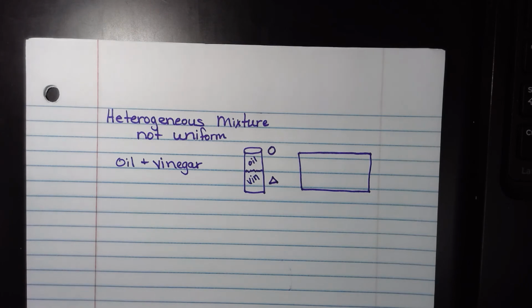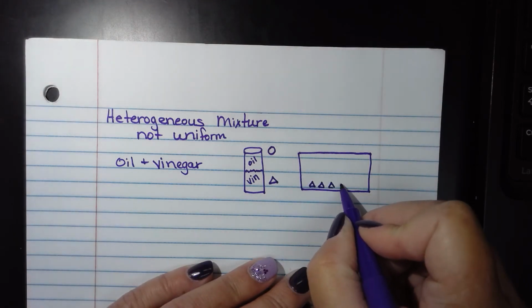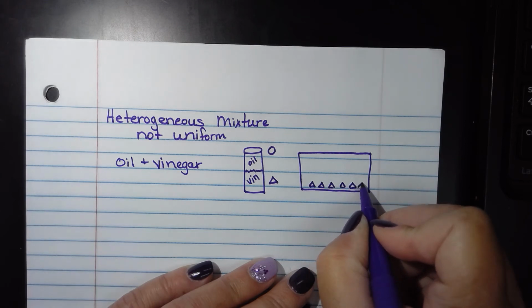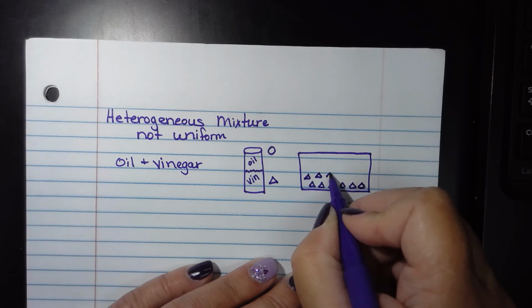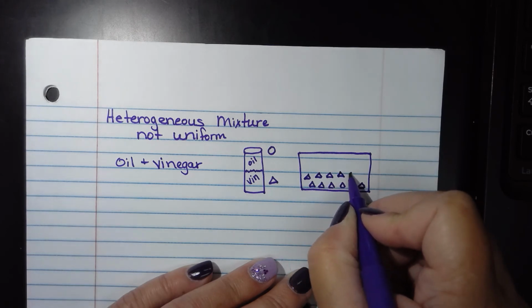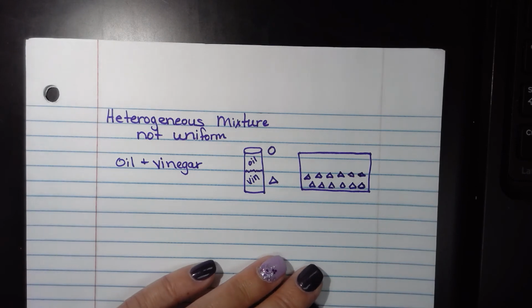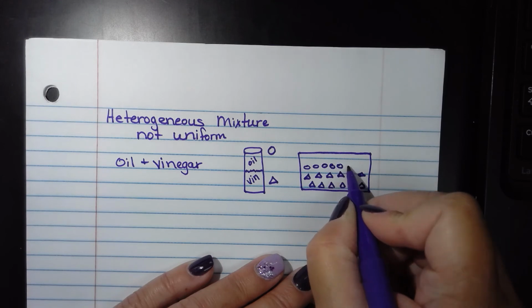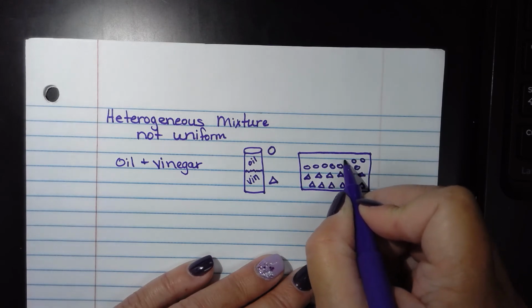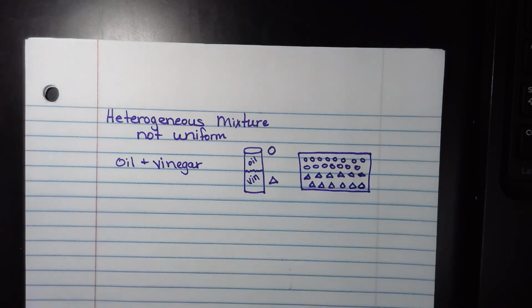We said the vinegar sinks to the bottom, so we would have a layer. Again, don't think about these as elements like we did earlier, but just as parts of a mixture. The vinegar would be on the bottom, and then the oil would settle on top. If we drew a particle picture, this is what it would look like. You wouldn't have it evenly spread.